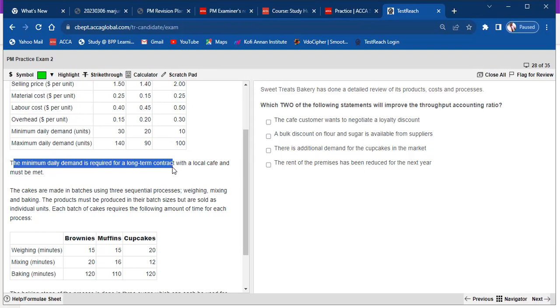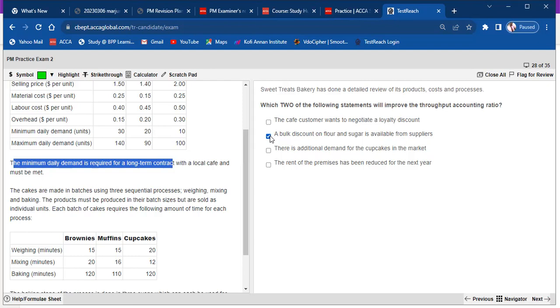This is a bakery making cakes. Would obtaining a bulk discount on flour and sugar, that's material, from suppliers improve the throughput accounting ratio? Certainly. That's correct. Material costs will go down and throughput accounting ratio will improve. 3, there is additional demand for the cupcakes in the market.